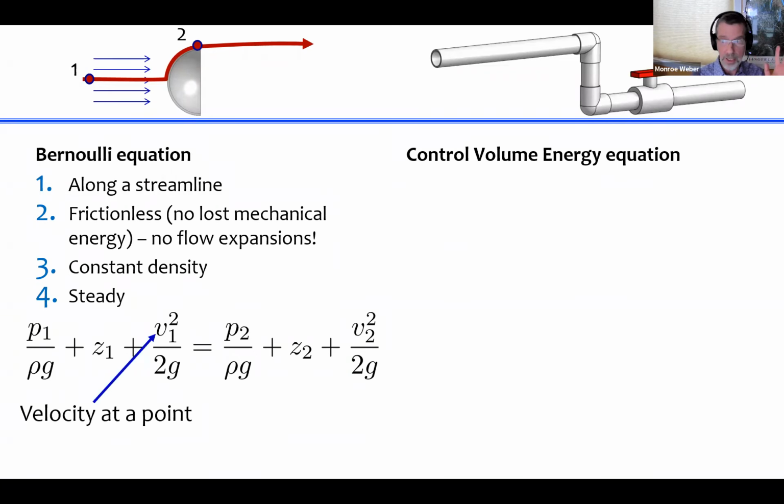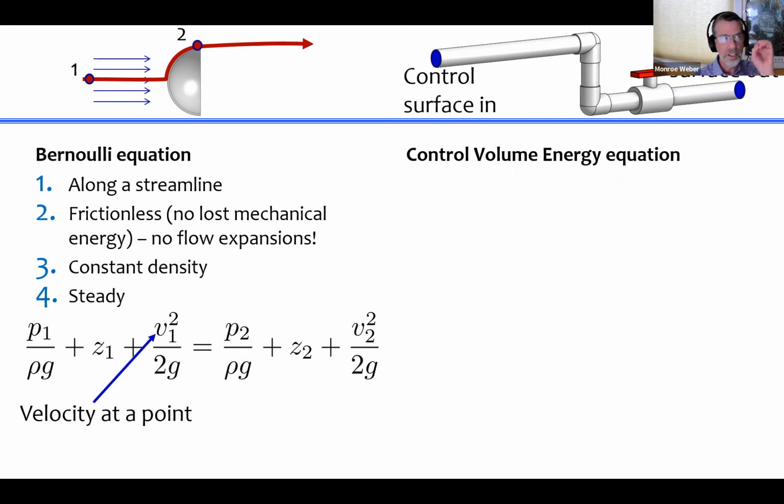The control volume equation is, now I put a pipe up there, a pipe system, and the control volume is from some control surface in to some control surface out. In the control volume equation, you have no idea what's happening inside that control volume. It doesn't tell you anything about what's going on inside.